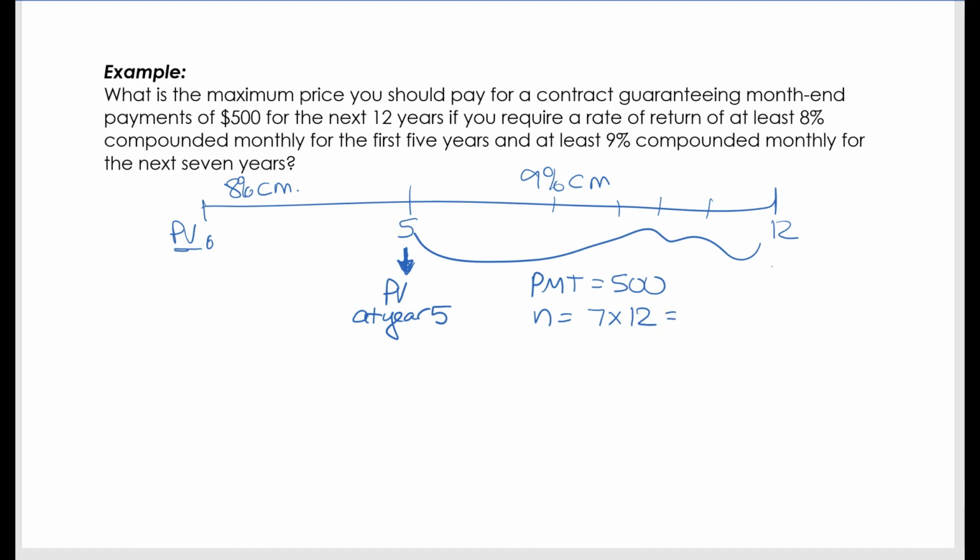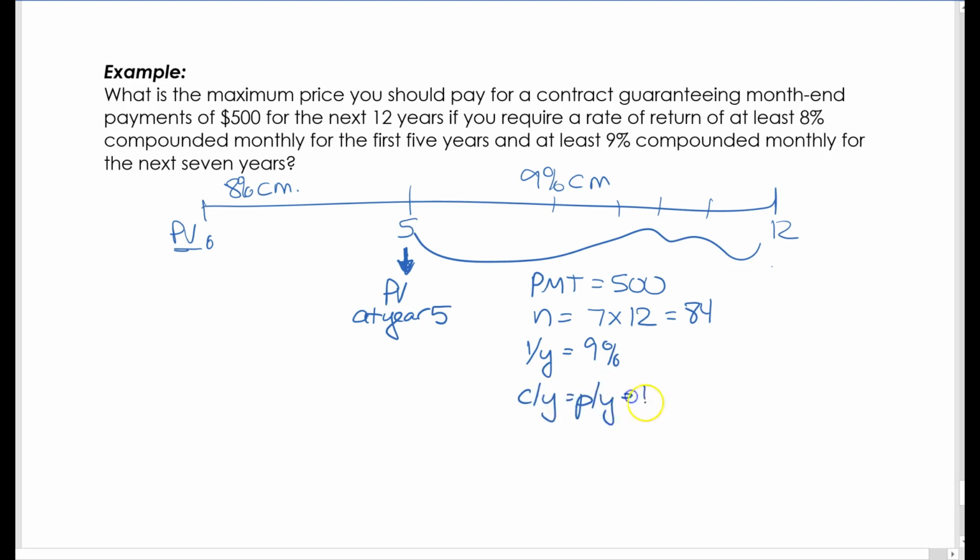So 7 times 12 is 84. Our interest per year is 9%, compounded monthly, so CY is the same as the payments per year, which is 12. Our future value is 0, and we're going to compute the present value.